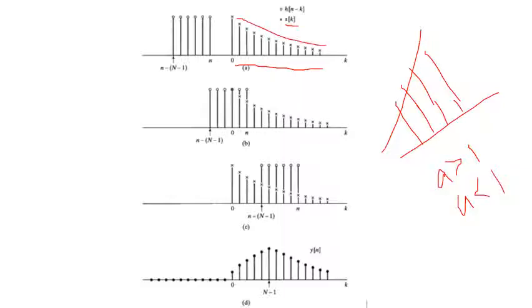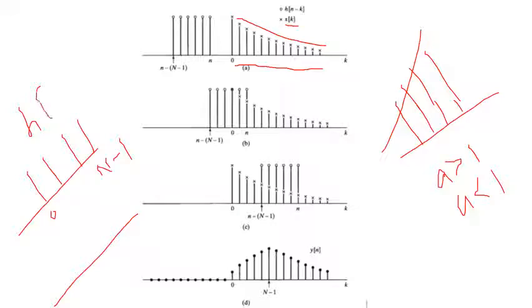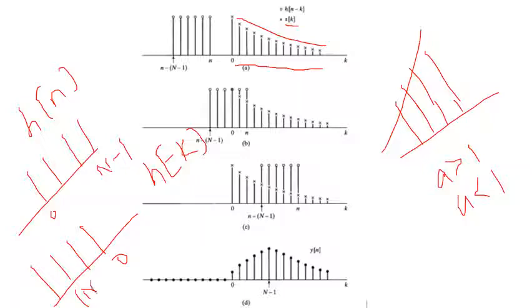So this is our x of k, and this is h of, so h of n was like this, 0 up till n minus 1. So if this is h of n, h of minus k will be like this, 0 like this, 0 minus n minus 1.